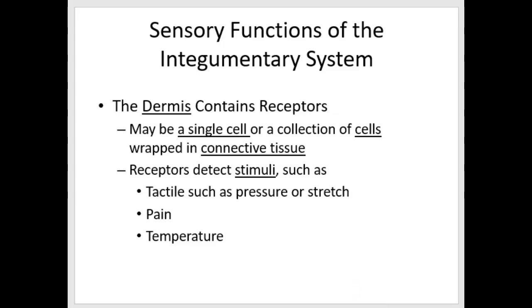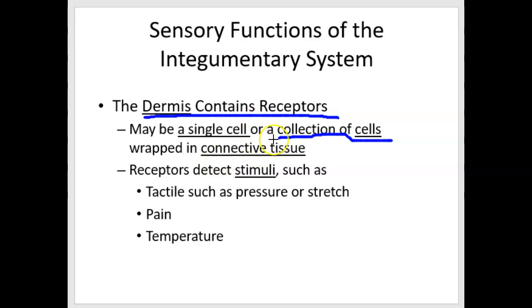The sensory functions of the integumentary system we will talk about towards the end of the lecture in a little bit more detail. But in the dermis, we find what we call receptors that respond to certain stimuli. Now, in this case, a receptor isn't a single cell. Sometimes it's a single cell, but often it's a collection of cells wrapped by connective tissue.